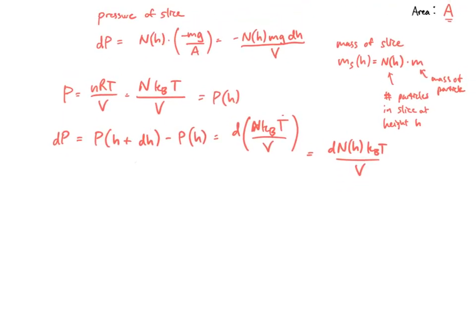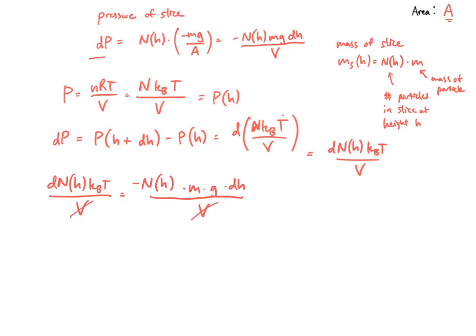And we've already found a definition of pressure right up here, so we can go ahead and just set those equal. I'm going to say that dN at a given height times k_B T over V is equal to the N at that height times m g dH over V. All right, we can cancel a couple things out.